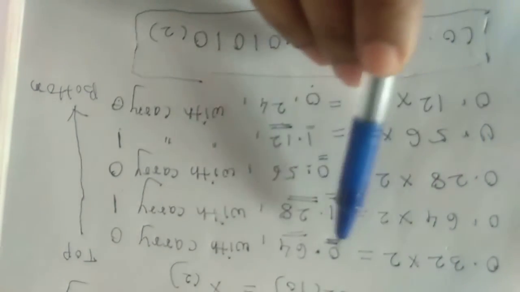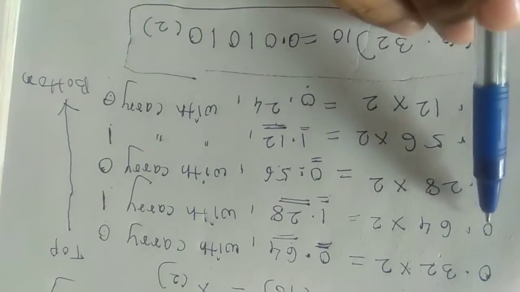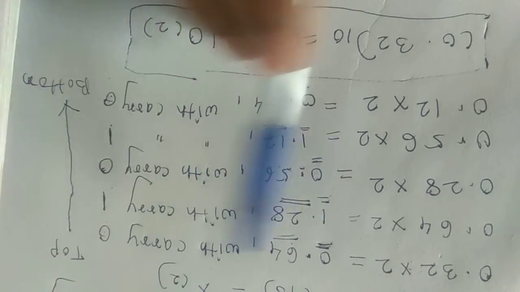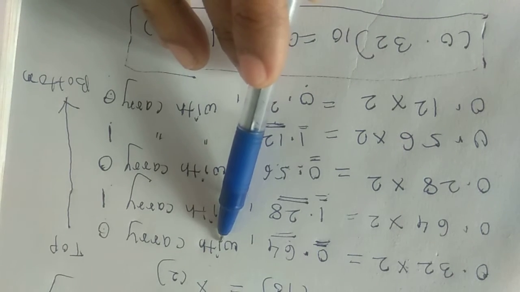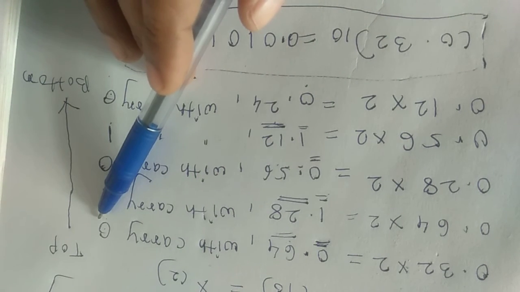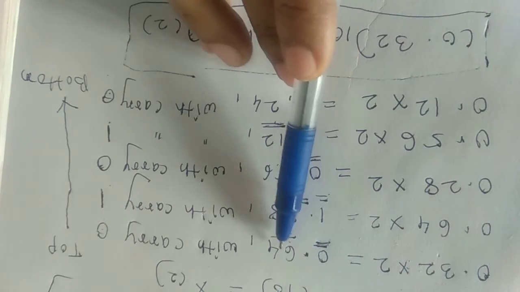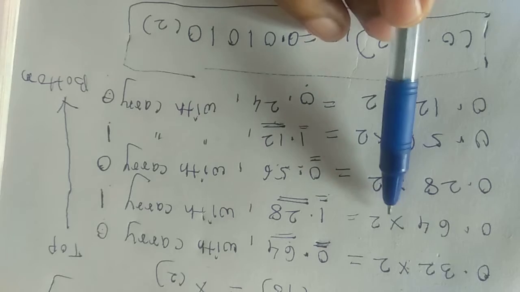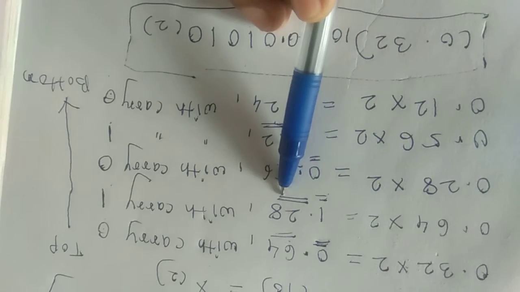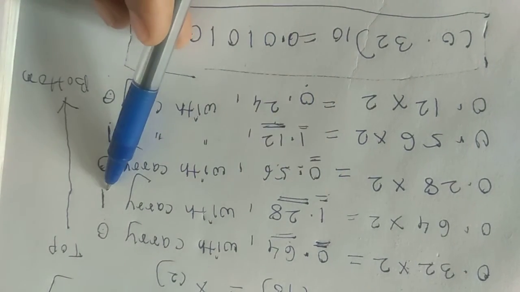Once again, let us see the procedure. 0.32 into 2 is 0.64, with carry 0. Whatever integer we get, you write it as the carry. Now the number after the point is 0.64. 0.64 into 2 is equal to 1.28, with carry 1.